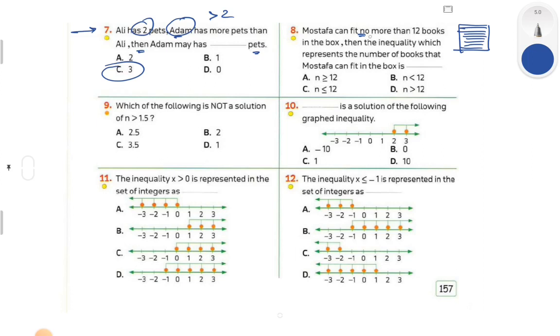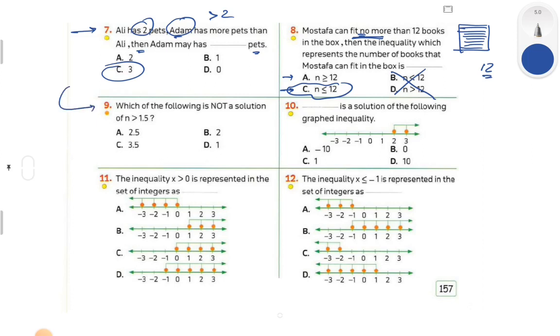No more means maybe 12 or less than 12. So 12 belongs to the solution, so this one is wrong because there is no equal here. Now it's less than 12 or greater than 12. No more means less than 12. So choose C. N may be less than or equal to 12.